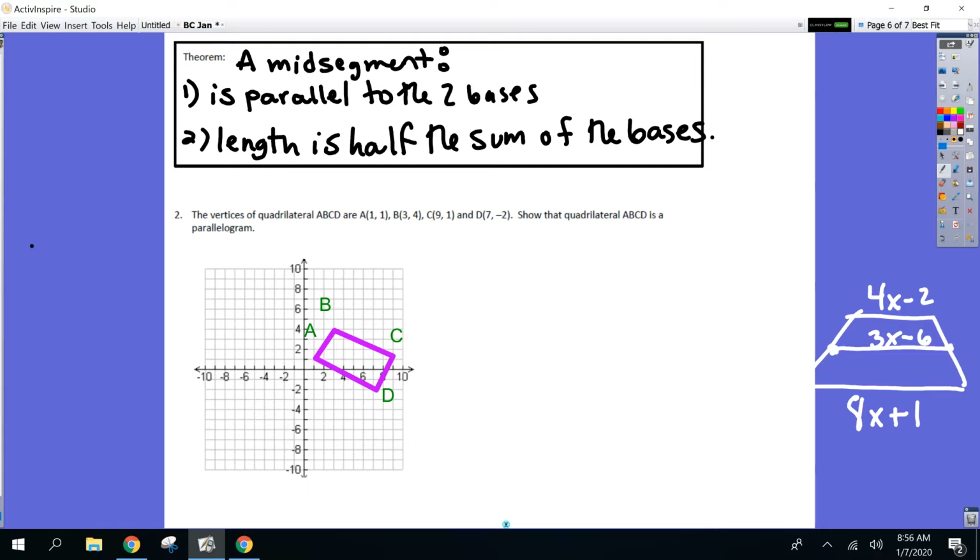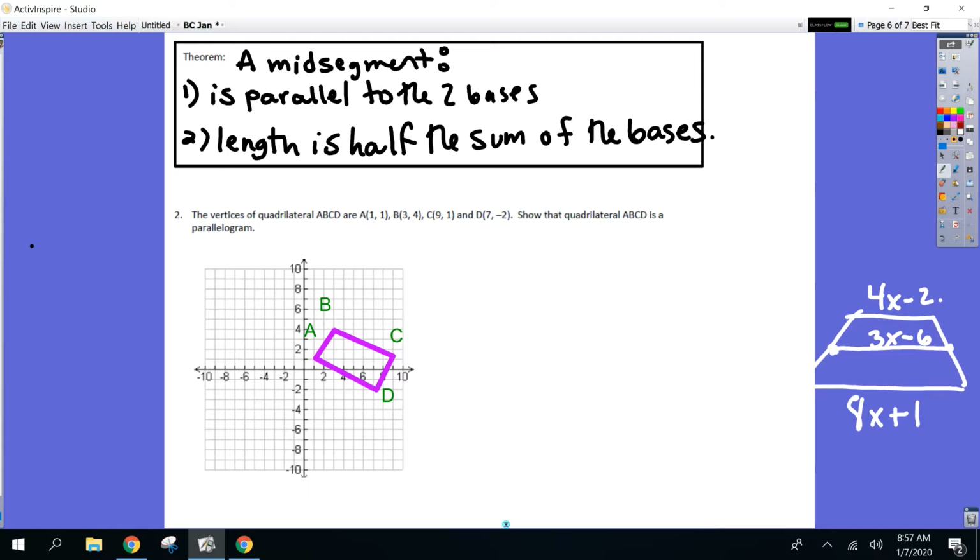Half of 4x minus 2 plus 8x plus 1 is equal to 3x minus 6. Or you could go 2 times that if you wanted to. Maybe if it was just numbers, not with variables, no. But if it was like 36, 22, what's the other base? Sure. Yeah, I'd expect you guys to do that.